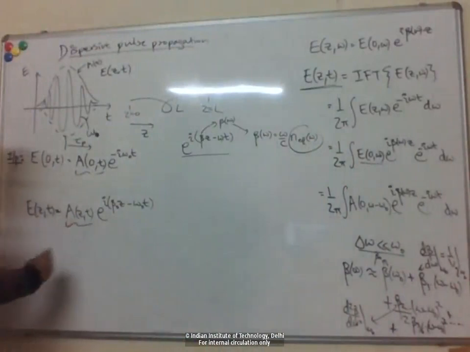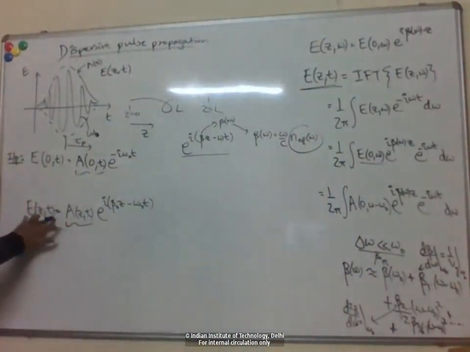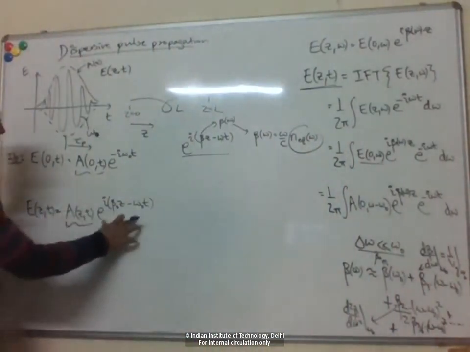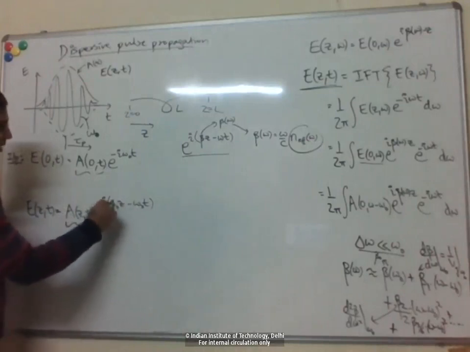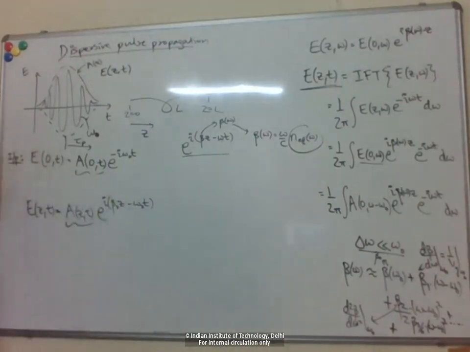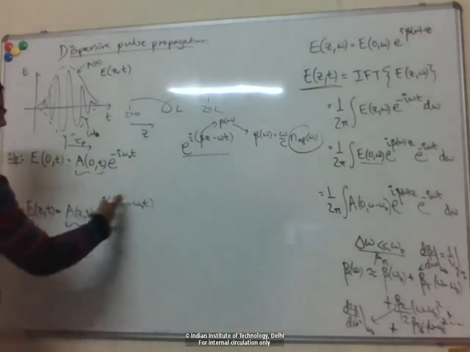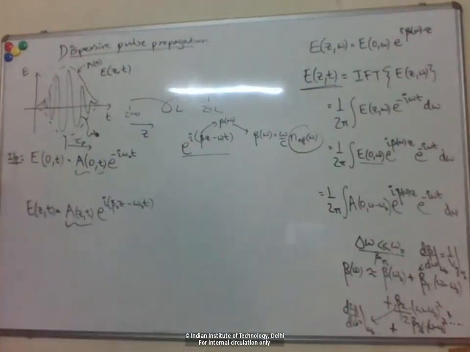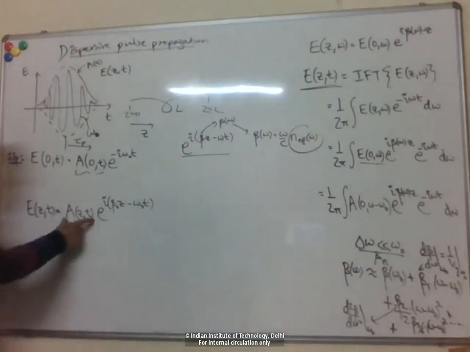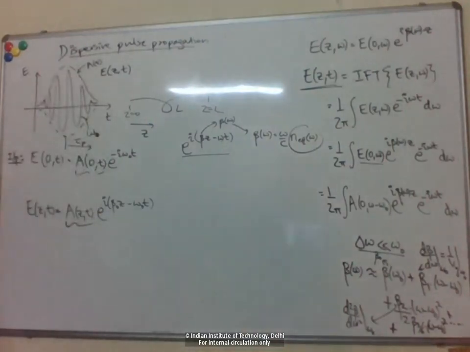right? So this thing. So you can see this total electric field looks like a central carrier frequency, which is acquiring a phase e to the i beta naught z, right? Just as we expect, like a wave propagating at frequency omega naught, and then we have the amplitude, the envelope part here, right?